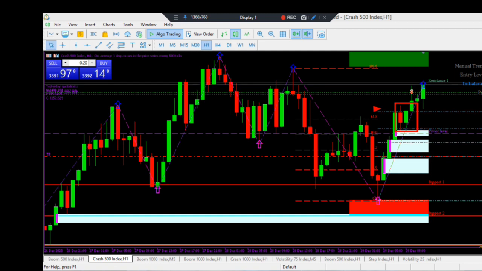But you see where I extended this one to now, because when I went to check the higher time frame, I'm expecting price to drop. If it falls beyond this level, this is where it's coming: this level, 61.8, because I can see a bullish key level here. That means order block here.